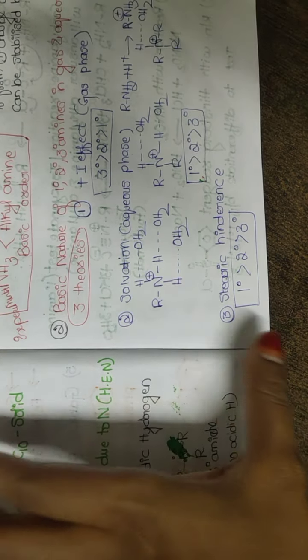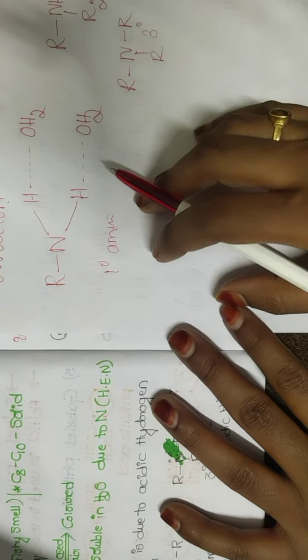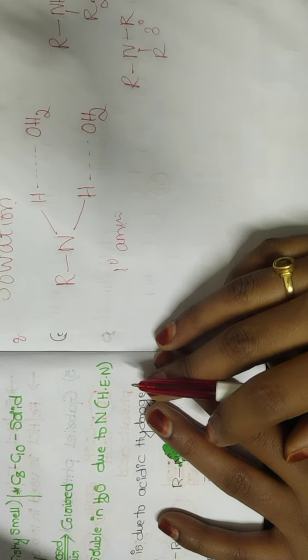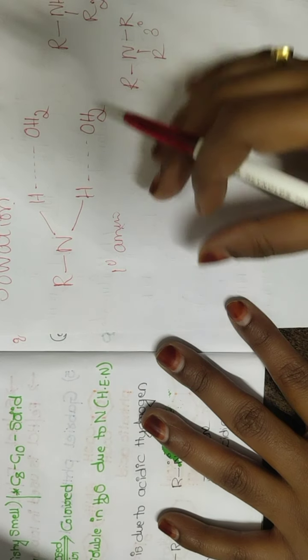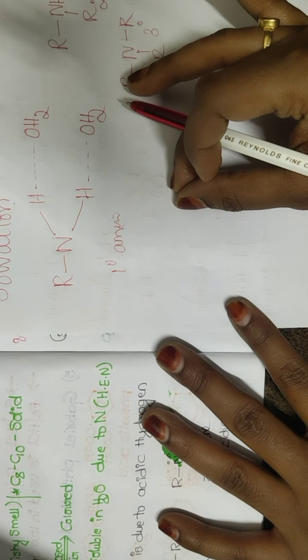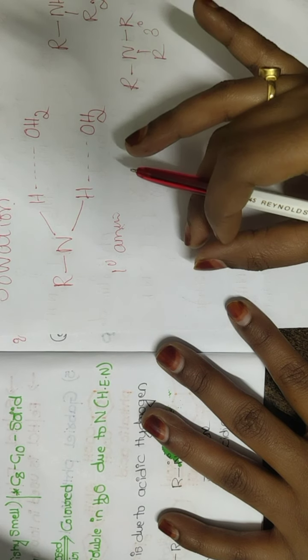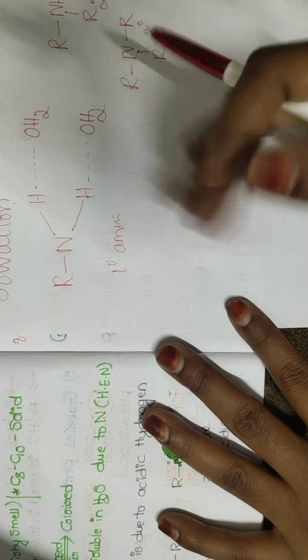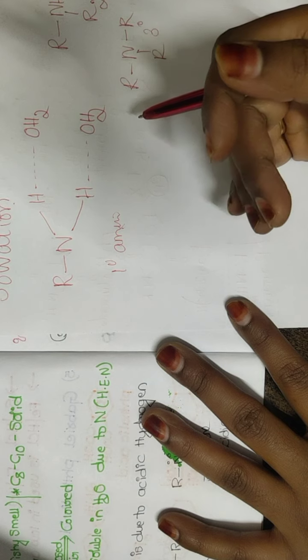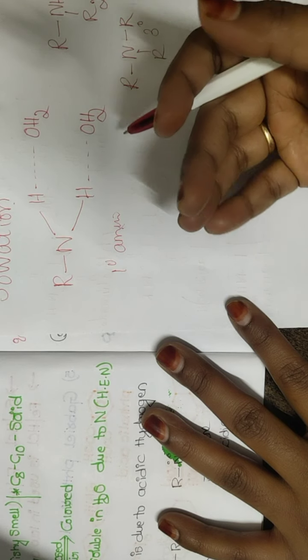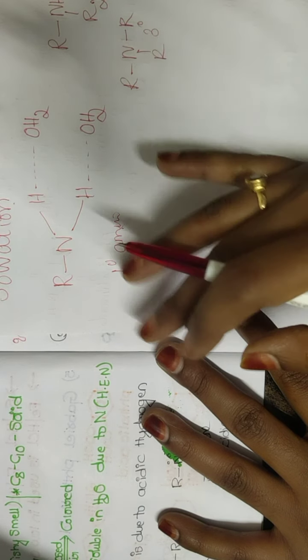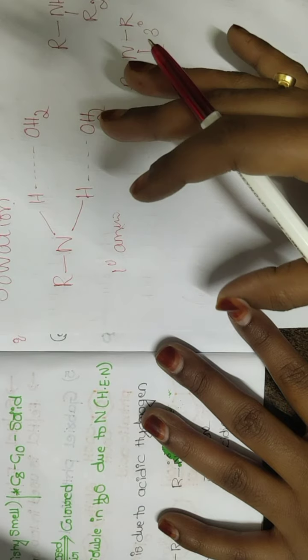And the last one is steric hindrance. Okay, so what do you mean by steric hindrance? For example, if I have a ball exactly at the center and the court is completely free, and I ask you to get the ball, easily you will approach and bring the ball. Why? Because no one is there, no hindrance is created in the court.